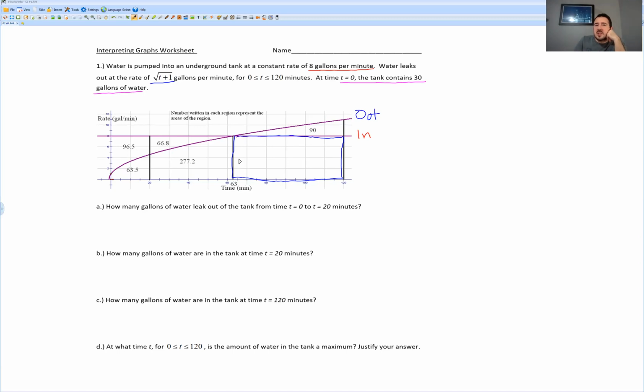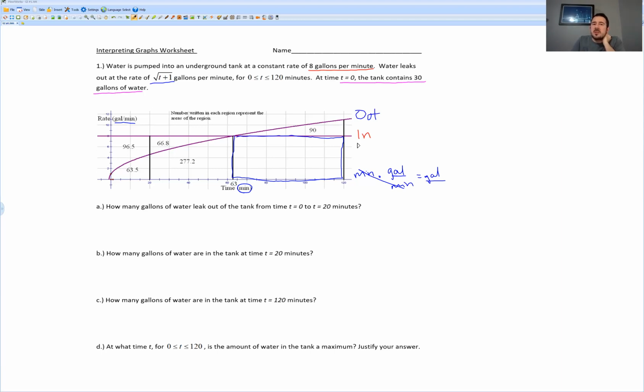The area of a rectangle is found by doing base times height. If I multiply the base, which is in terms of minutes, times the height of this rectangle, which is in terms of gallons per minute, minutes would cancel and I'd be left with gallons. So when I'm finding the area underneath one of these functions, what I'm really finding is the amount of water.